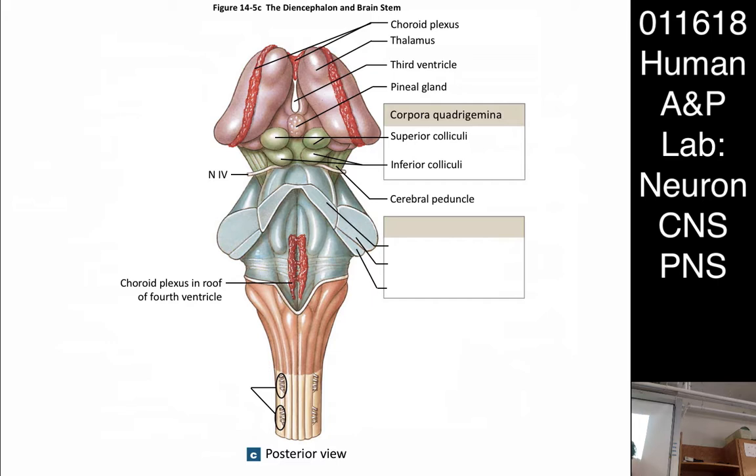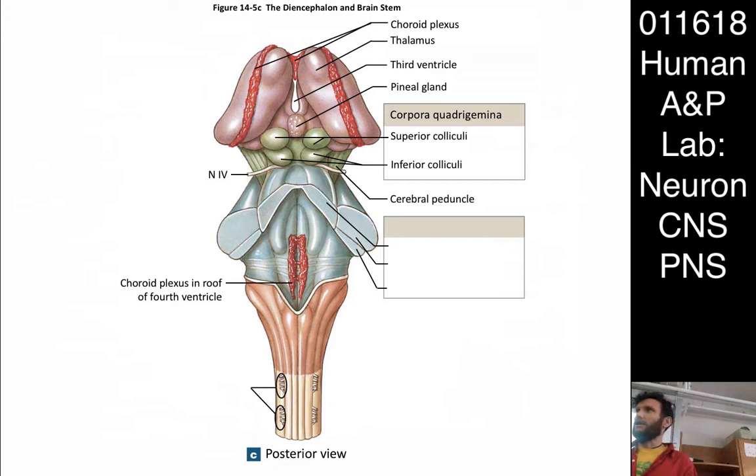So, choroid plexus. Here we see the pineal gland. So this is a posterior view. Pineal gland with the corpora quadrigemina, the left and right superior and left and right inferior colliculi. I'm pointing them out because when I talk about the eye, a lot of the visual integrative processing happens in the superior colliculi for sight and in the inferior colliculi for sound, for hearing.